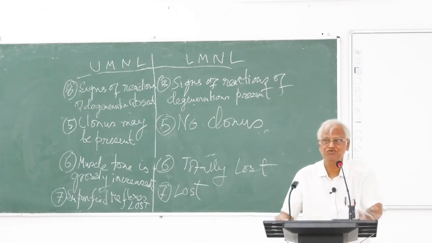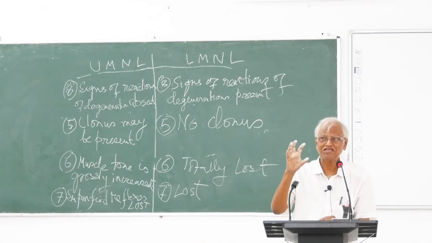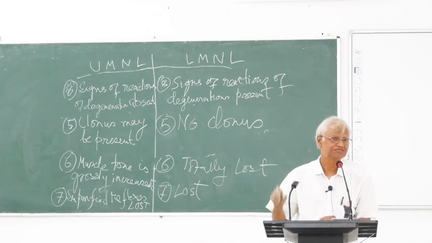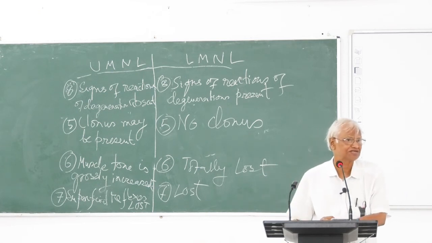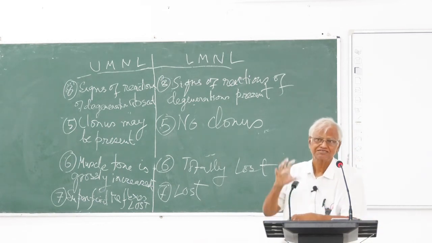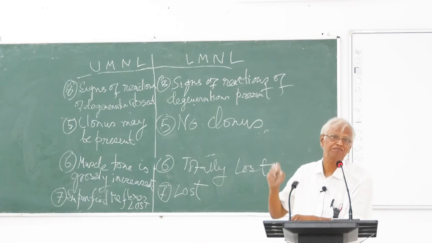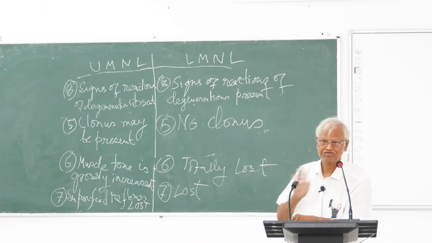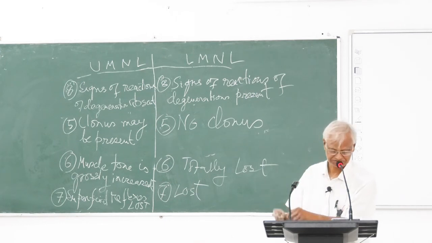Then there is fasciculation. Muscles show very fine movements. This is called fasciculations. With the naked eye you can see fasciculation movements of the muscles, spontaneous, without any stimulus from above.